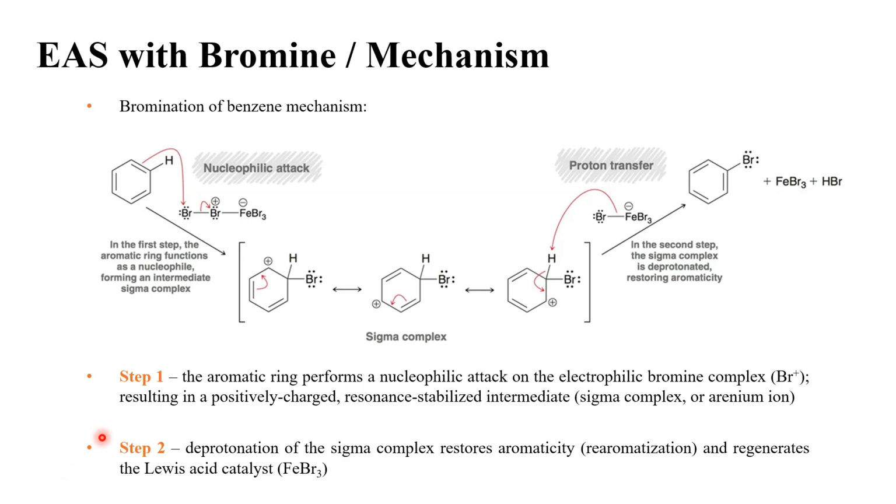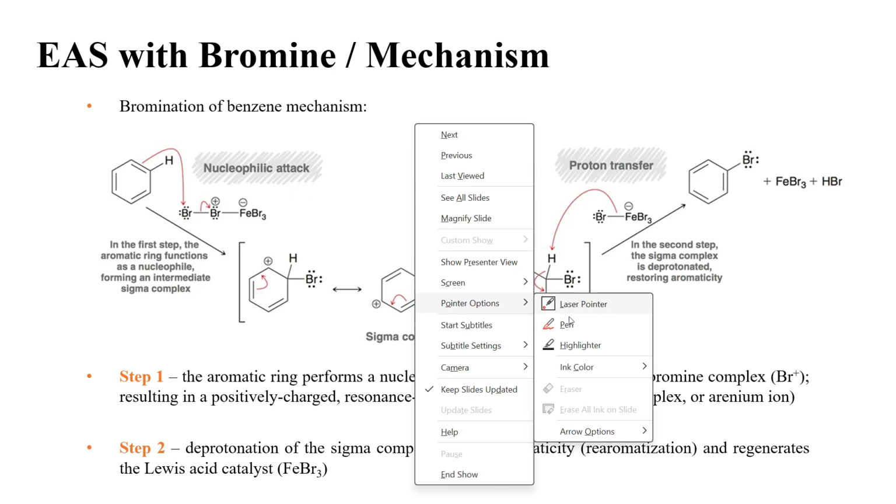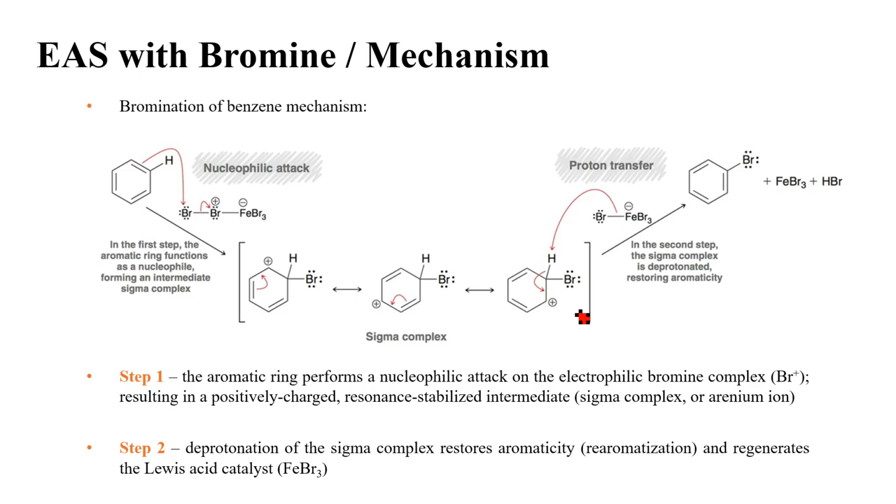And that electrophile is going to react with your benzene. Notice that I could have drawn this either one of two ways. I could have drawn the ring reacting with the complex, or let me go back to the pen, you could have drawn Br plus instead, because this Br plus is basically that Br right there.